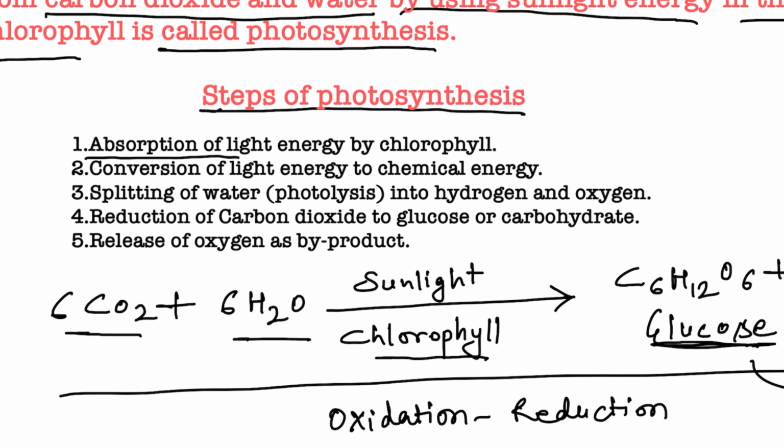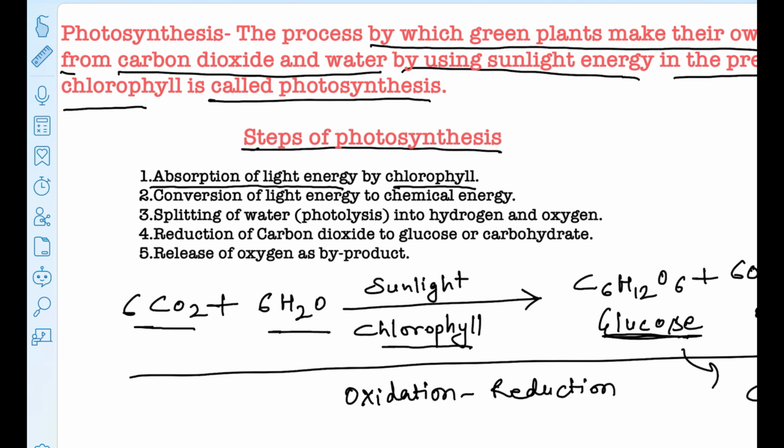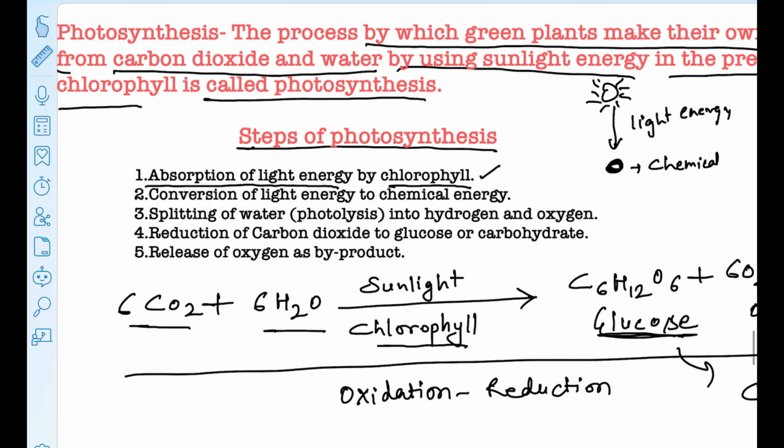First, absorption of light energy takes place by chlorophyll. We just saw the structure of chloroplast that contains this green pigment chlorophyll. So chlorophyll absorbs the light energy from sunlight.